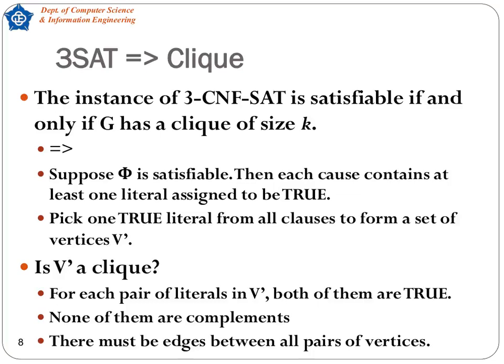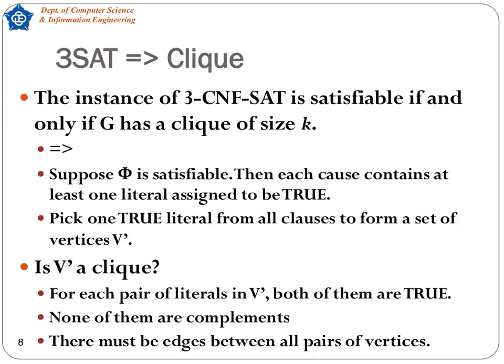Building on that example, let's outline the core of the 3-SAT to clique reduction. We assert that a 3-CNF formula phi is satisfiable if and only if the corresponding graph G contains a clique of size k, where k is exactly the number of clauses in phi. Here's why. Assume phi is satisfiable. Each clause has at least one literal set to true.